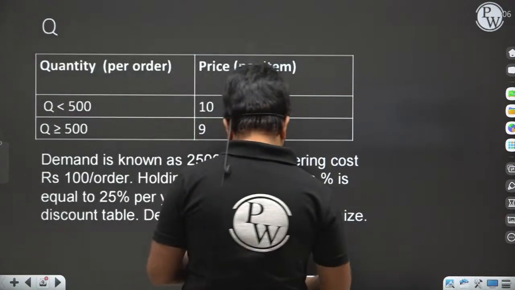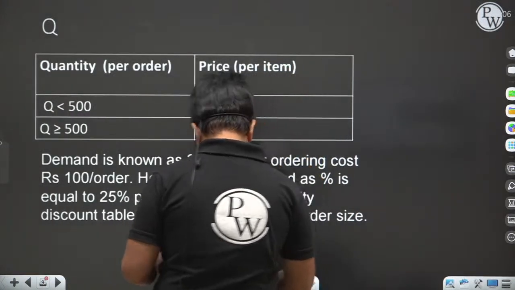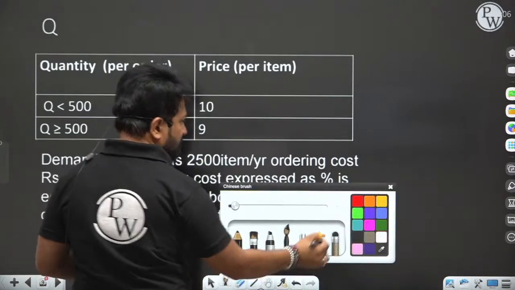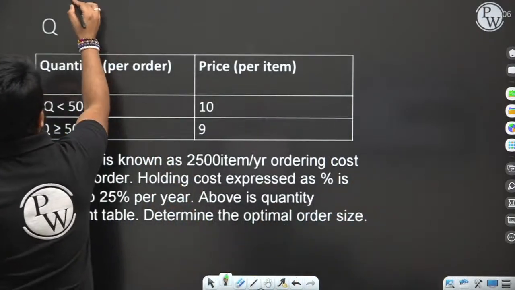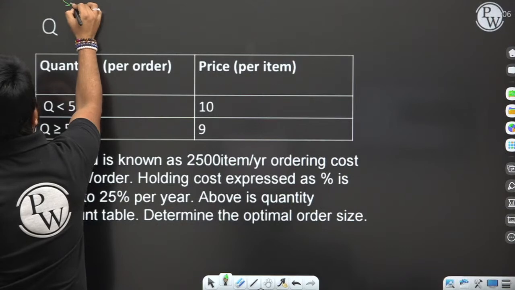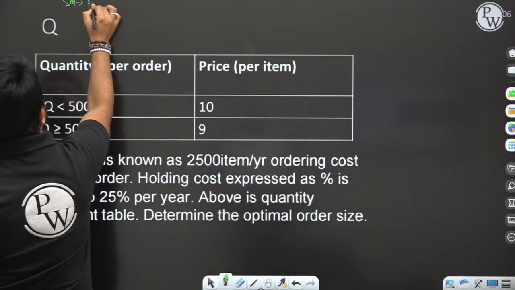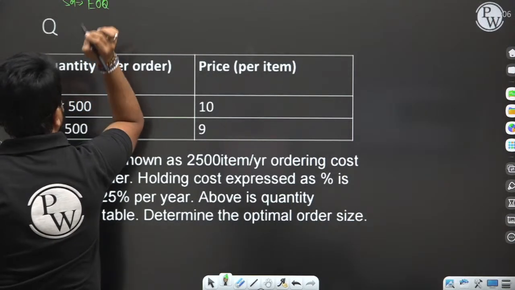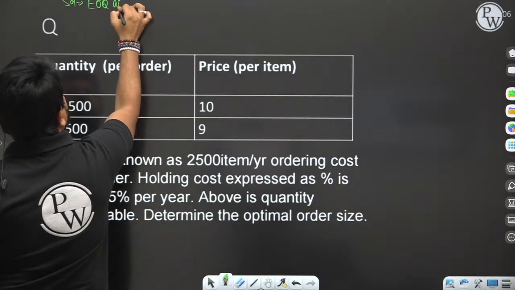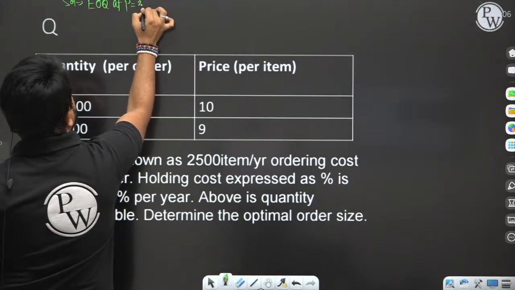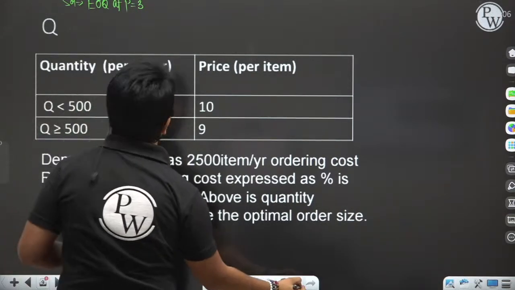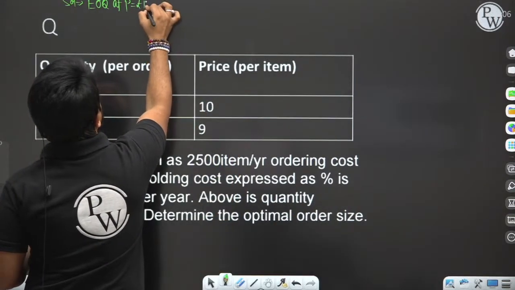Calculate the economic order quantity. First of all, find out the EOQ, economic order quantity, at a purchasing price of 10 per unit.